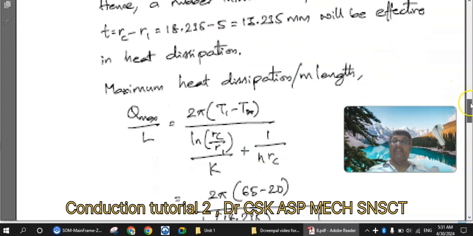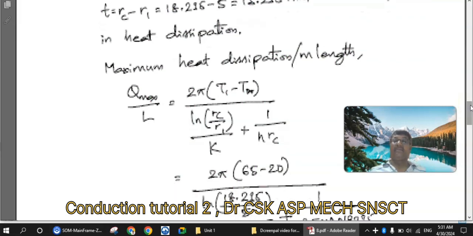Now let me see the maximum heat dissipation per meter length. The formula we have seen in the class, in the derivation part also, and it is available in the HMT data book. Q maximum divided by length equals 2 pi into T1 minus T infinity, divided by ln of rc by r1 divided by k, plus 1 by h into rc.